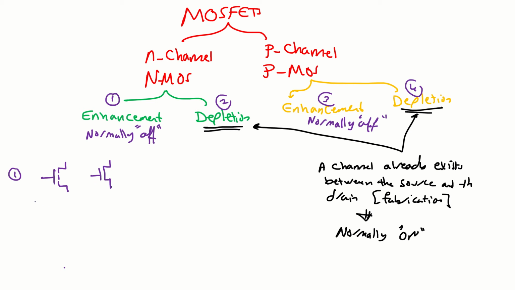Now the depletion looks like this, and we create a thick line here. So this is 1 and this is 2. Now number 3, we can put it in this way. The only difference is that we put a bubble here, which means we have P-type, or some references use this symbol.